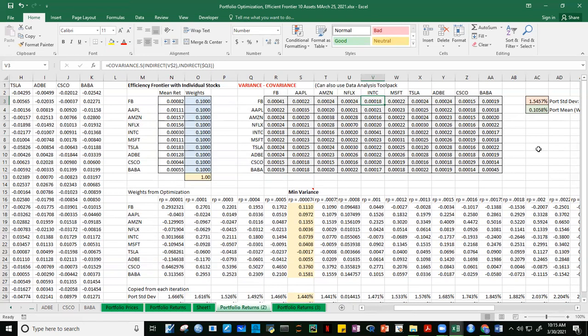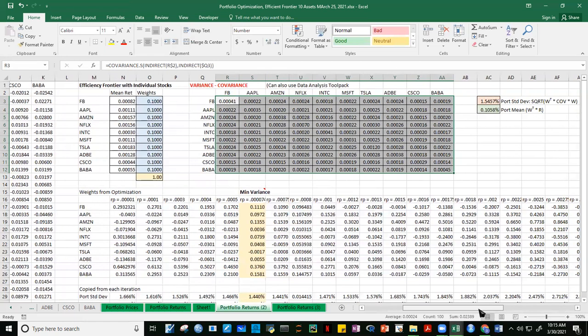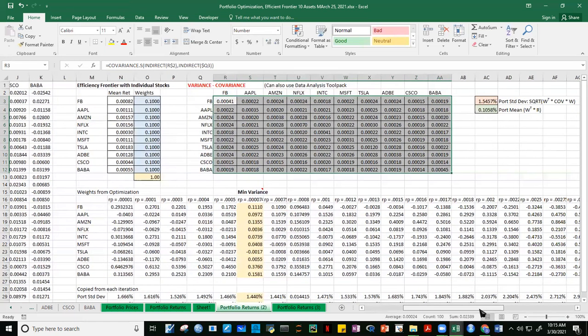Okay, sige. So meron na tayong returns matrix, meron na tayong weight matrix, meron na tayong variance covariance matrix. So pag alam na natin yung tatlong yun, we can now compute for the portfolio returns and portfolio variance.